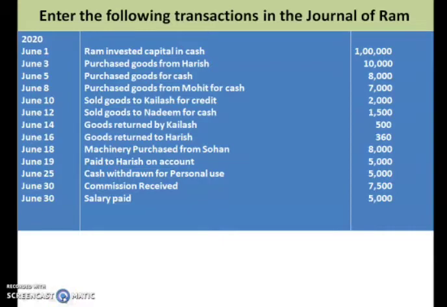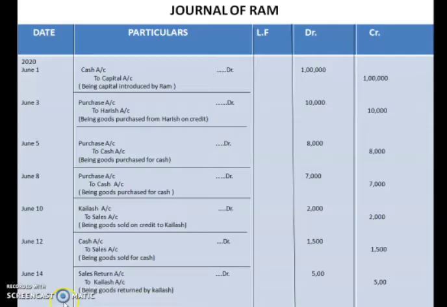So what we have done here? We have debited Kailash account with 2,000 and sales, because it's a revenue, and if revenue increases, we have to credit it. So that we have done, and that is for 2,000.